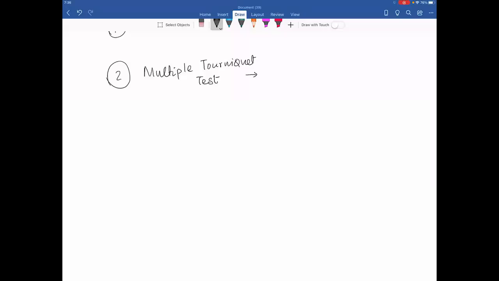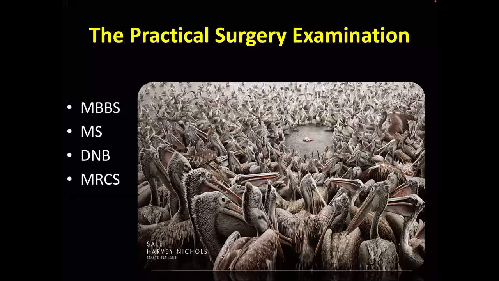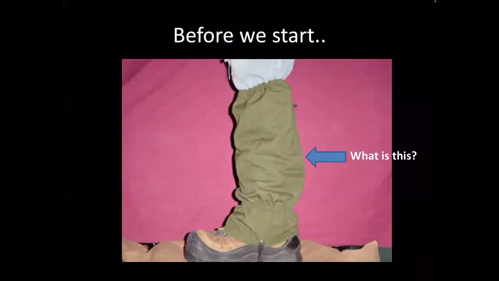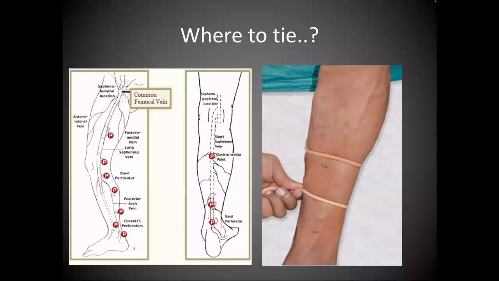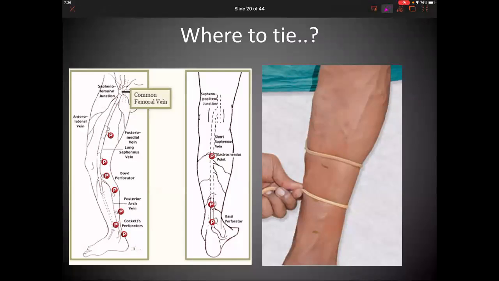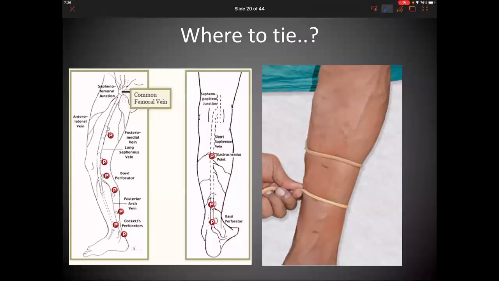Okay. Now, how to do the multiple tourniquet test? Now, when we start with the multiple tourniquet test, the first point is, what is the logic in doing this test? The rationale or the logic in doing this test is that this is the vein that we all know of, and this is the saphenofemoral junction.